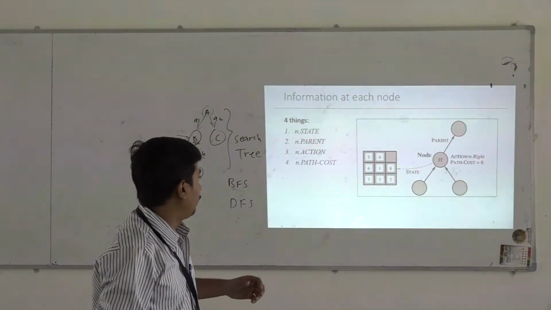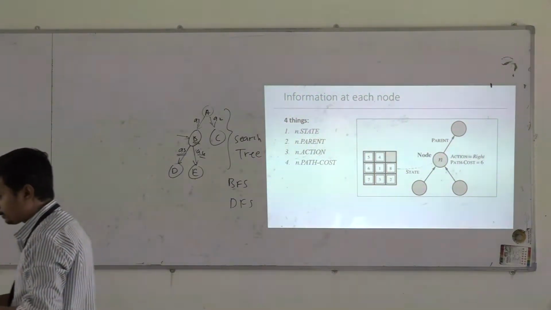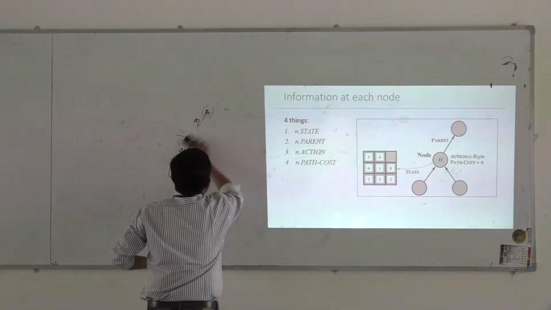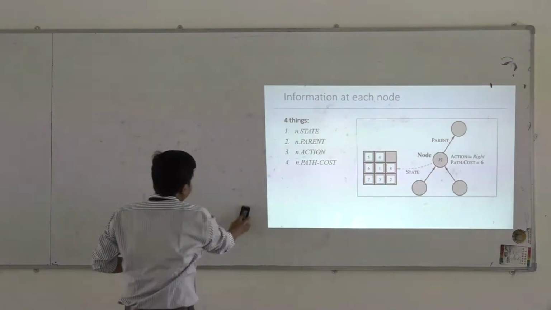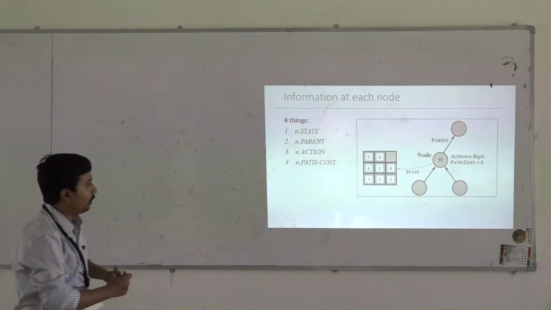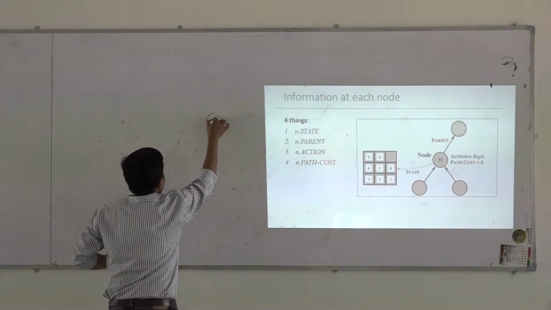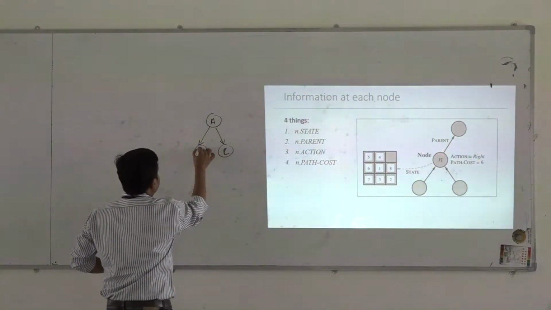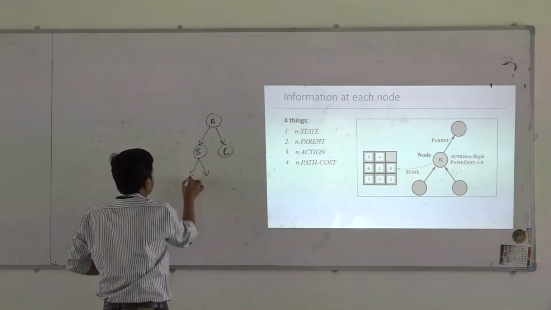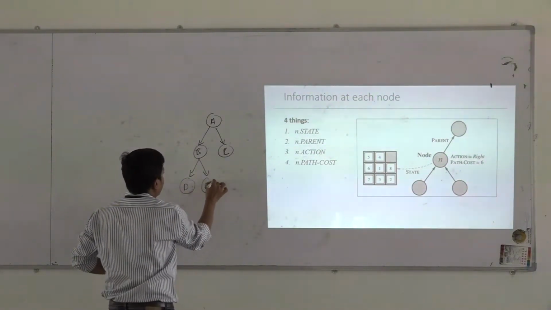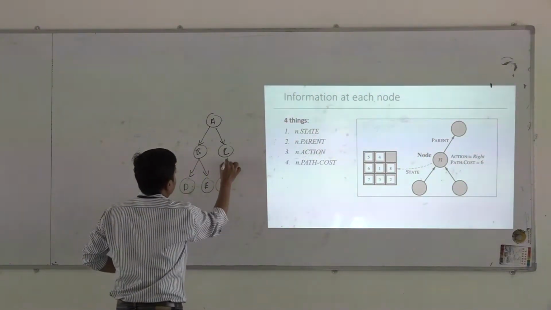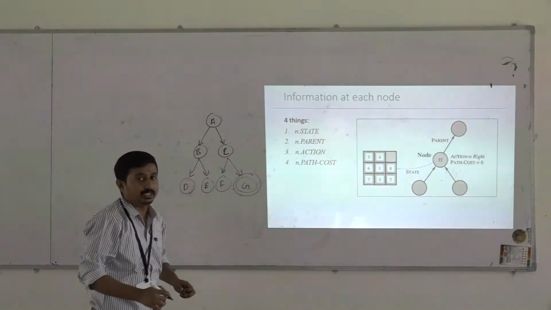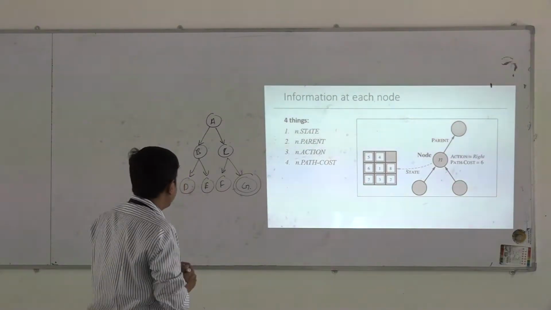So ultimately, if you follow this search tree, you will reach our goal node, right? But what is our ultimate goal? Consider this search tree, and consider G is our goal state.